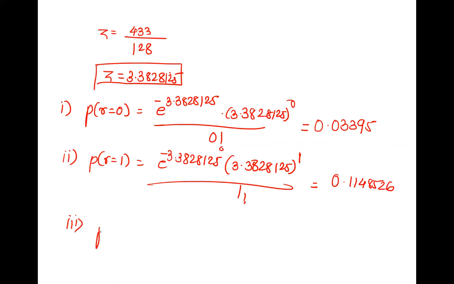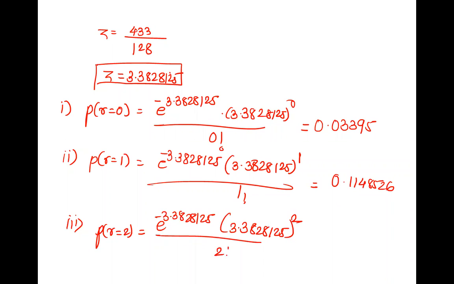Good. Find probability R is 2. Keep this term in your calculator and just replace that R. Don't do everything again. Z is 3.3828125. First fix it, then go back and change this wherever it is 1 to 2. Here also 2. What is the answer?